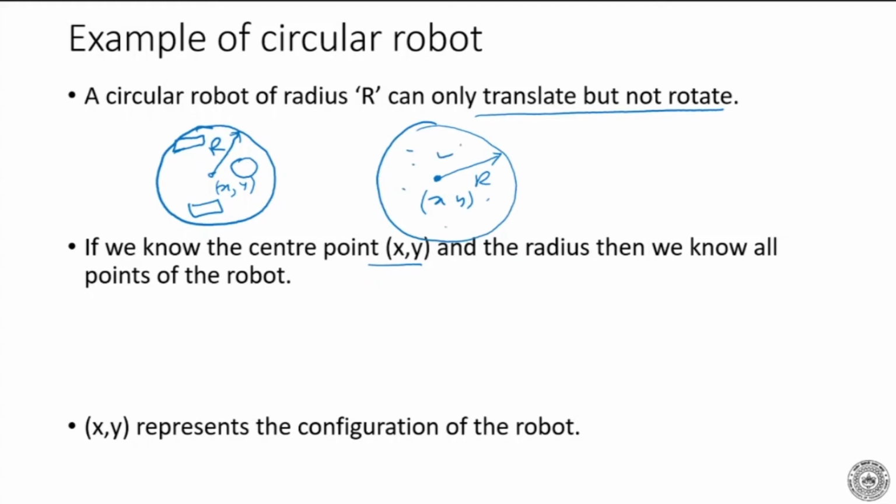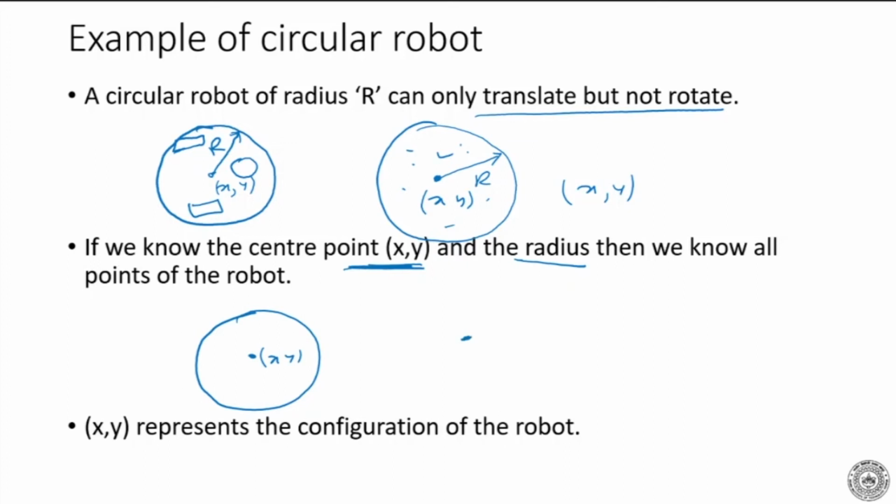So what is enough here? What is enough to know is only x y. If I know the center of this robot, because it's a circle, and I know the radius of the circle, then I know all the points inside this robot. So here again I'm showing x y is here.